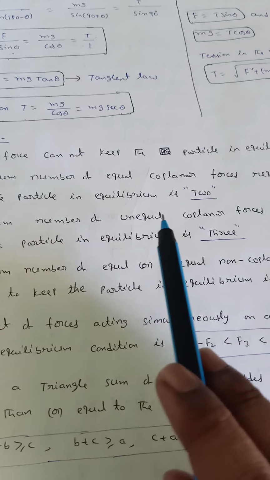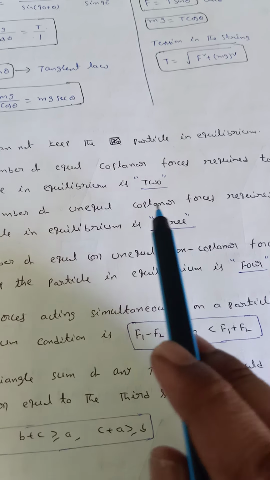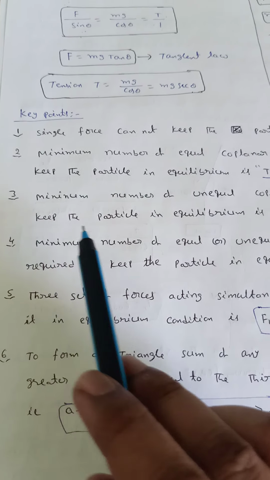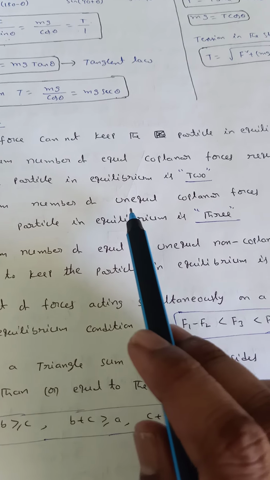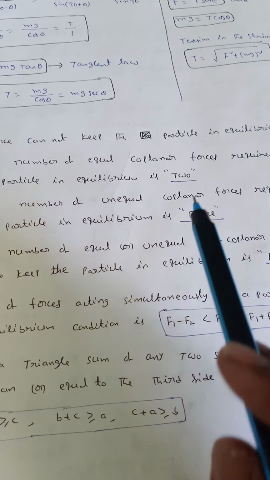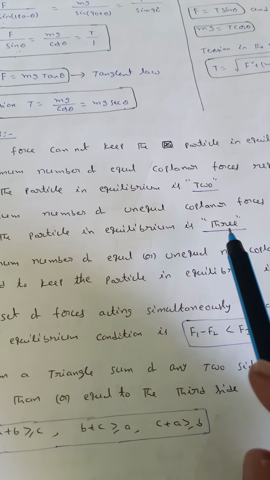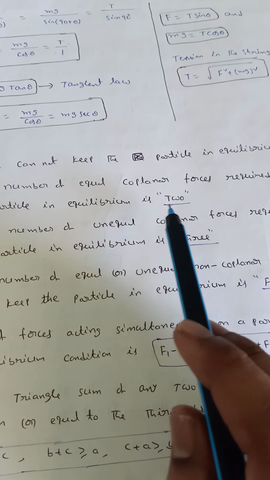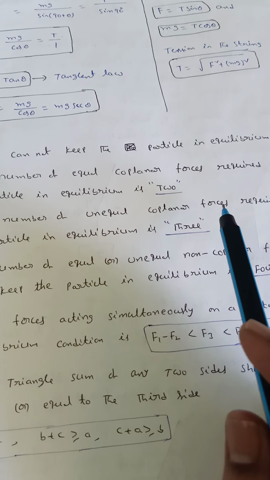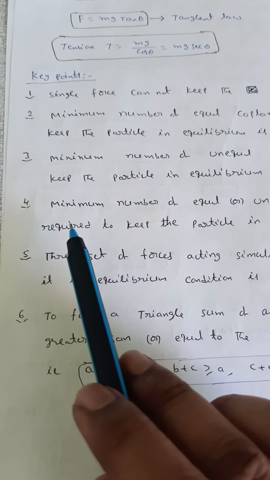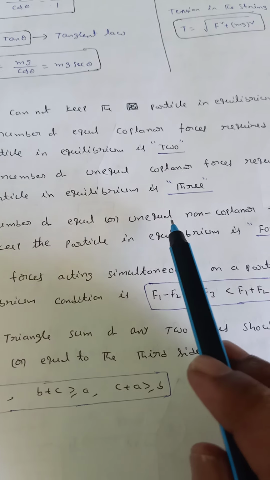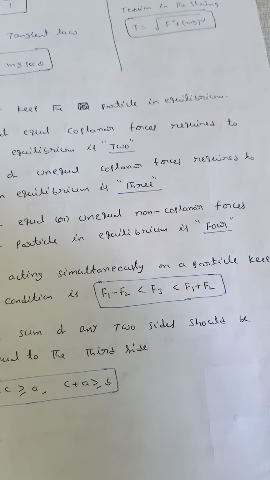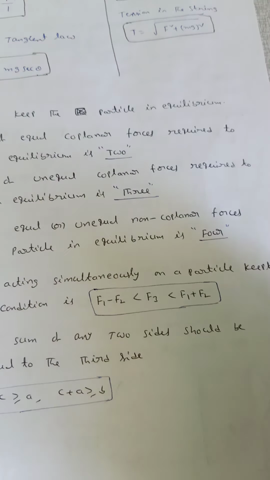The minimum number of unequal coplanar forces required to keep the particle in equilibrium is 3. For equal coplanar forces, the equilibrium condition is 2; for unequal coplanar forces, 3. Non-coplanar means forces lying in different planes.